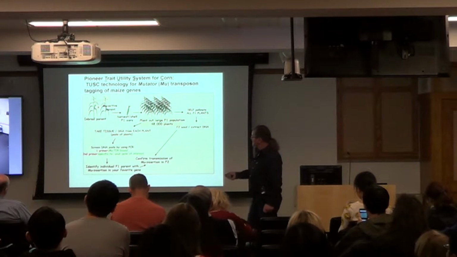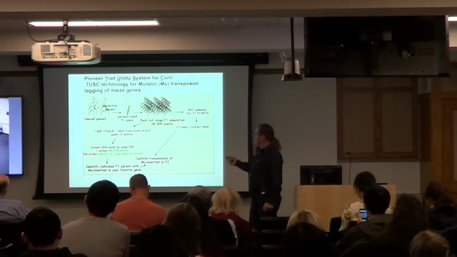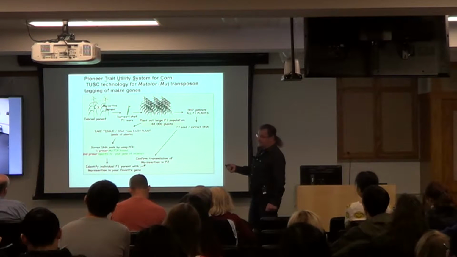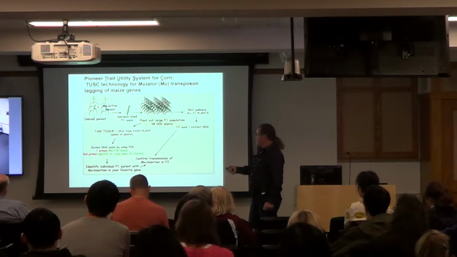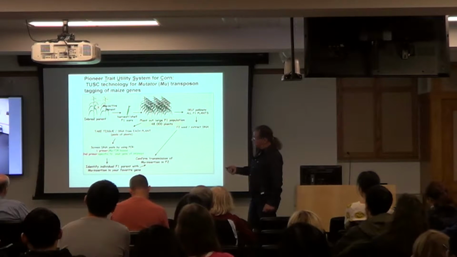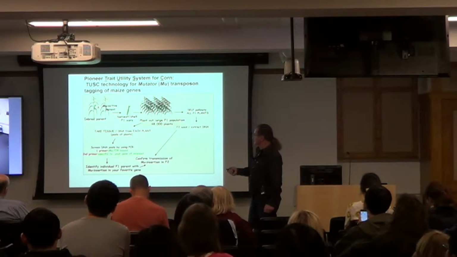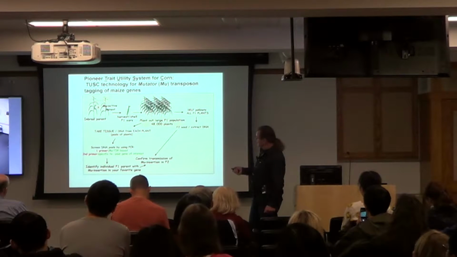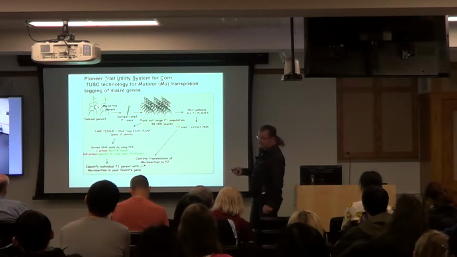The way we generate these mutants is by taking advantage of the so-called Trait Utility System for corn available at Pioneer, because that's where I worked as a postdoc. Pioneer created, a couple of dozen years ago, this huge population of about 48,000 plants, produced by crossing a mutator active parent with diverse inbred lines.